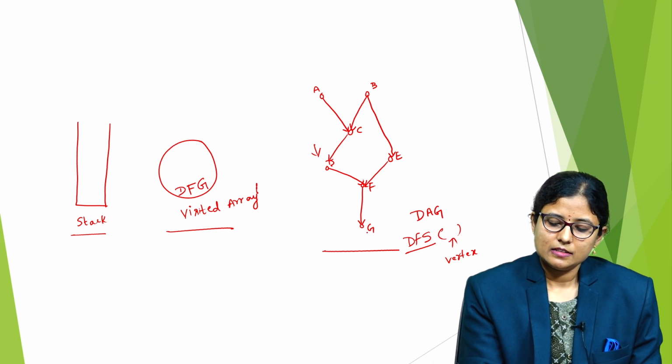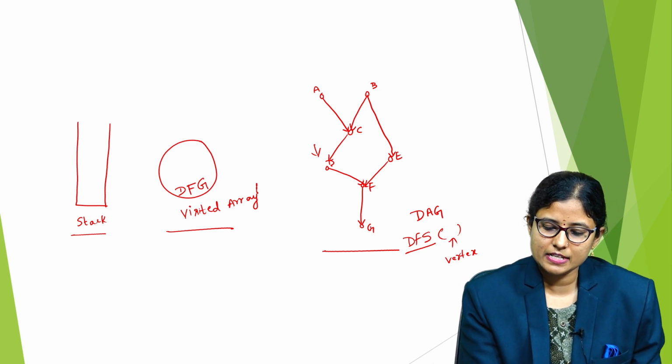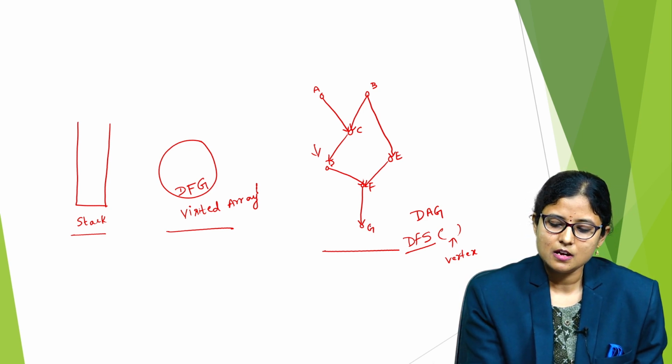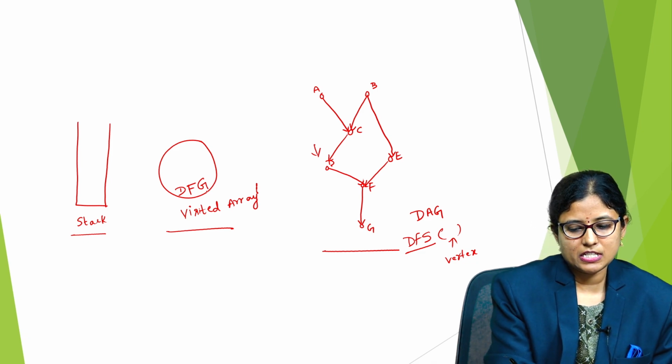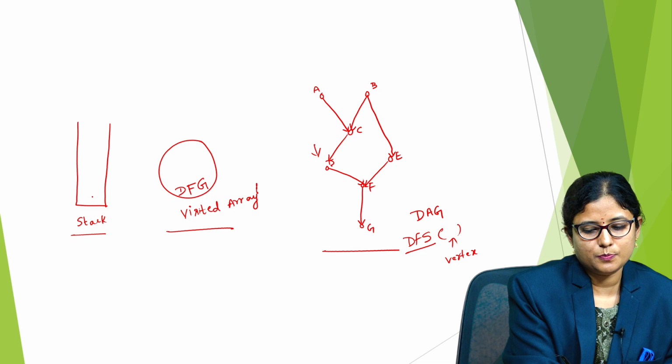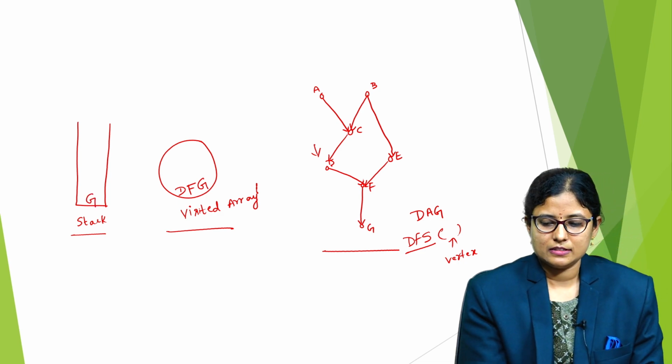Is there any vertex neighboring to the vertex G? No. So the vertex G is pushed into the stack.